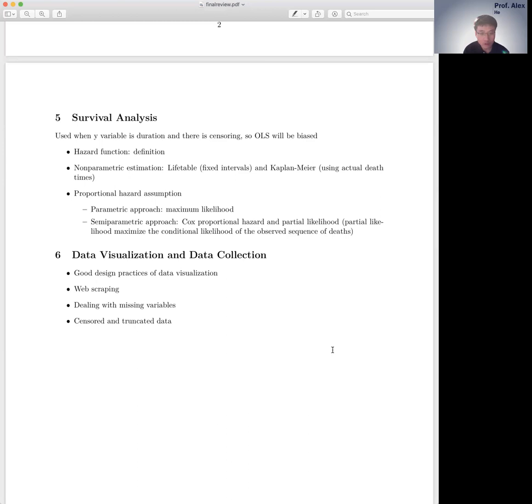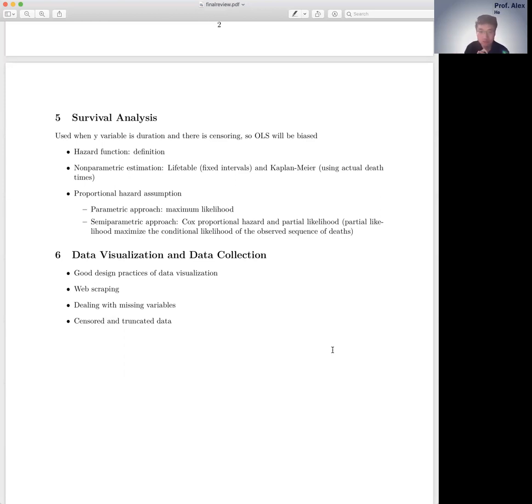or some other distribution. And the more common, more popular approach is the semi-parametric approach, where we calculate a partial likelihood. So that does not require any assumption on the lambda function, because all of the hazard rates are proportional to each other.